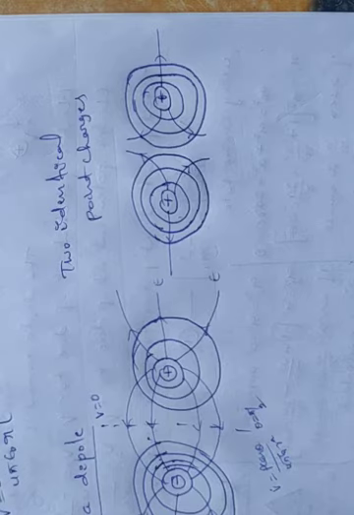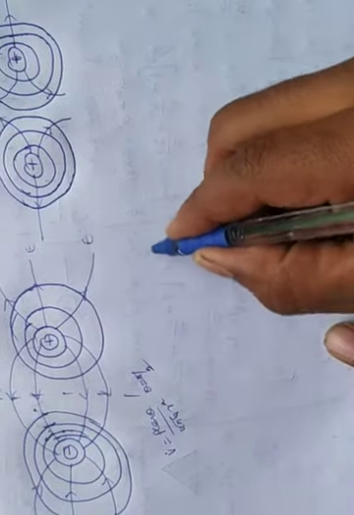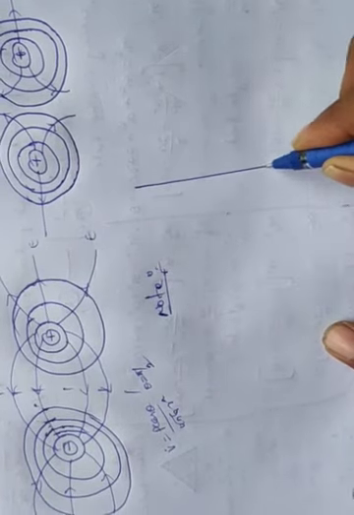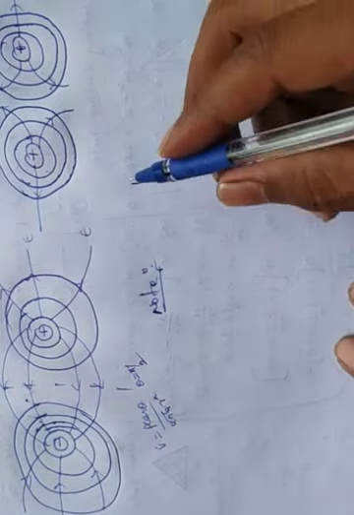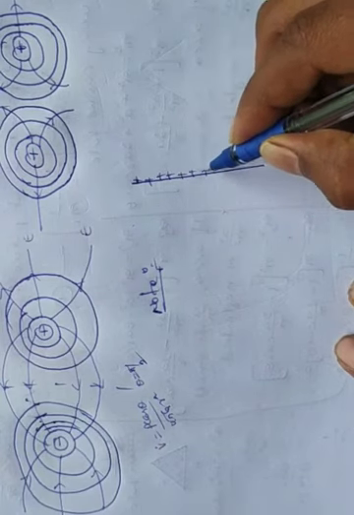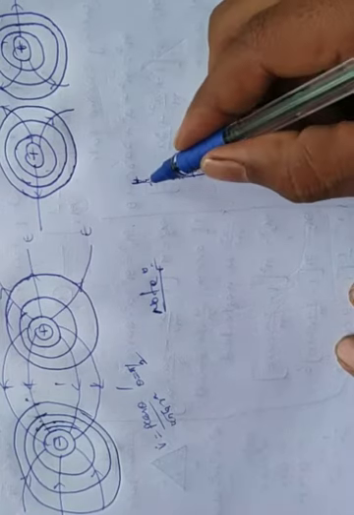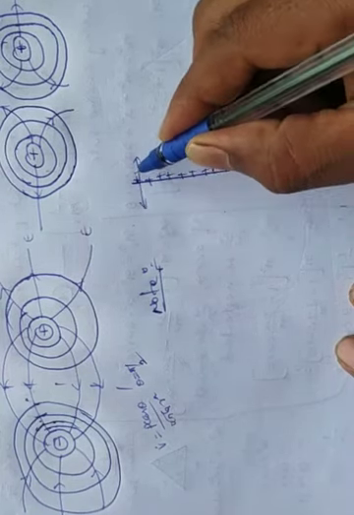Suppose we have a line charge. In that case, how do we get the equipotential surface? See, note, if you have a line charge like this, these are the line charges like this. In that case the electric field lines are in all the directions like this, at this point like this.